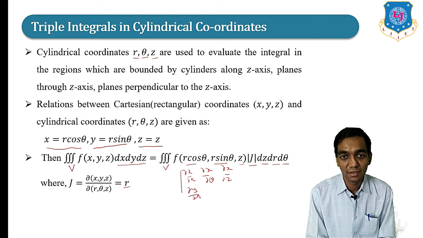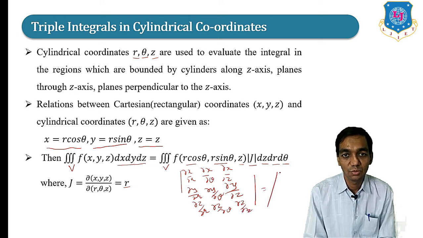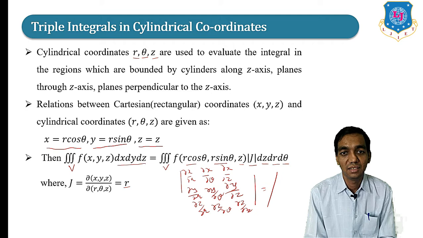Same manner for y, and same manner for z: del z by del r, del z by del theta, and del z by del z. So if you put the values, then this is going to be cos theta, minus r sin theta, 0; sin theta, r cos theta, 0; 0, 0, 1. And simplifying this, that will give you r.